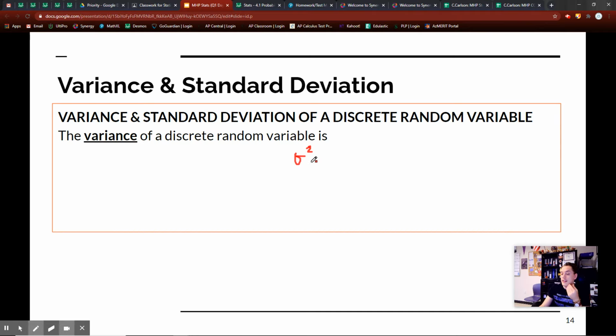Sigma squared, this thing right here is just another Greek letter. It's the lowercase Greek letter of this, okay? That weird looking E is the uppercase sigma. This is a lowercase sigma. Sigma squared equals capital sigma, but I didn't do it well because apparently I don't know how to write it. Capital sigma of x minus mu squared times the probability.